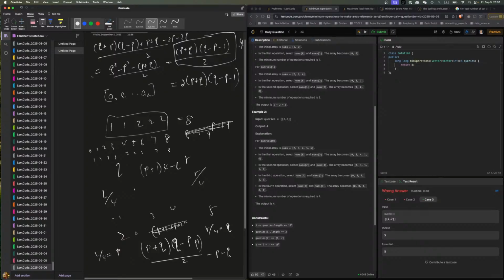It's not 2, but it's L. This P is L divided by 4. So this is the number. And then this one will times P.